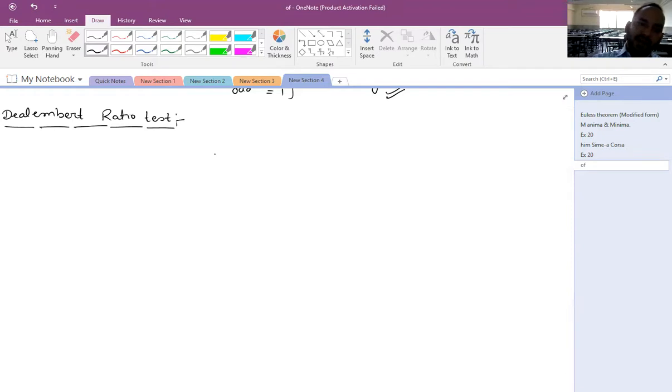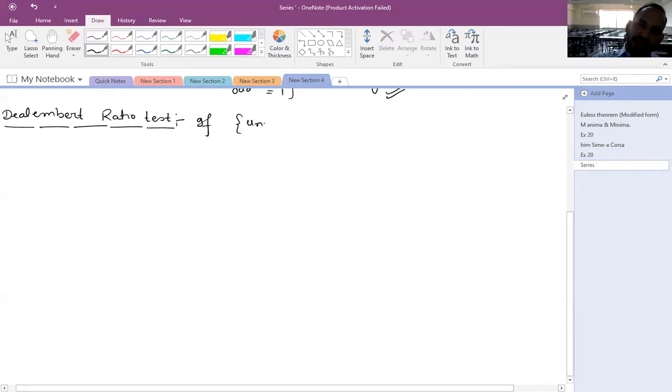Now, D'Alembert ratio test says: the series is generally represented by sigma un, n from 1 to infinity, an infinite series.